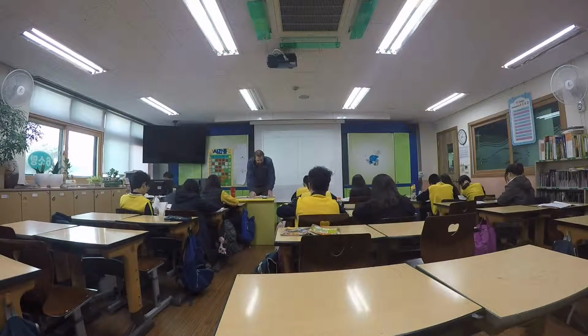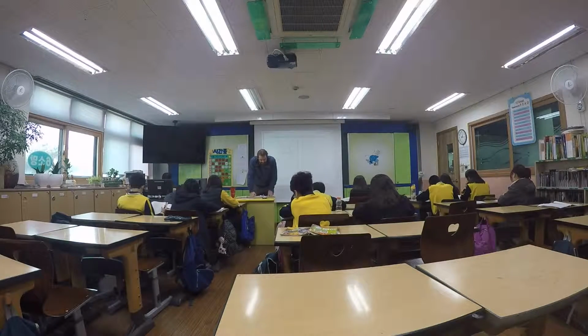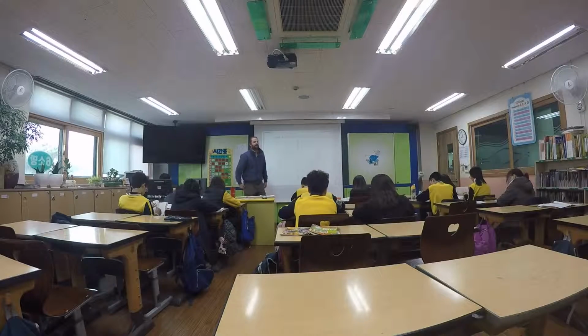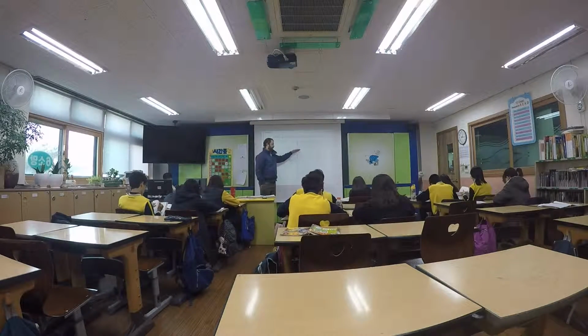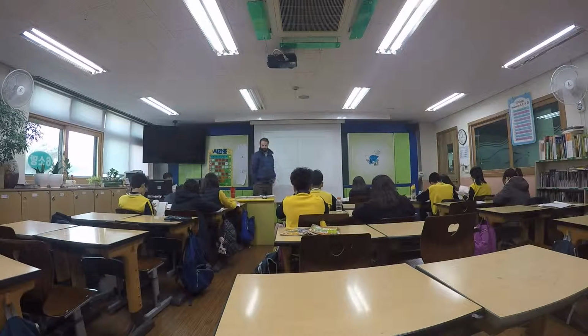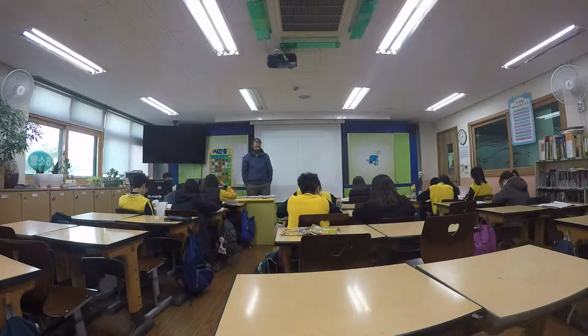Number 5, it says graph each figure and its reflection over the x-axis. Guys, don't get your axes mixed up. You know, this is y, this is x. Number 8, same thing, graph each figure and its reflection.